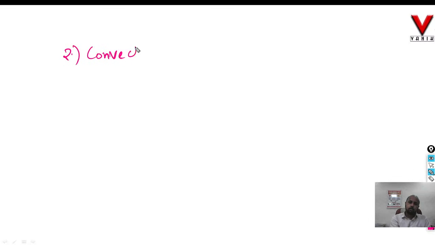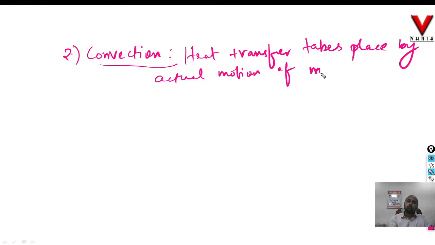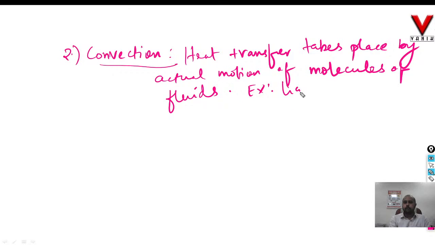Second we have convection. In convection, heat transfer takes place by actual motion of molecules of fluids. Examples can be a liquid or gas.